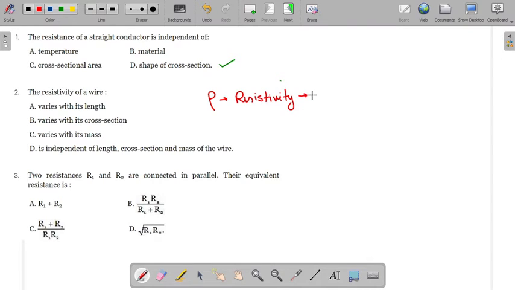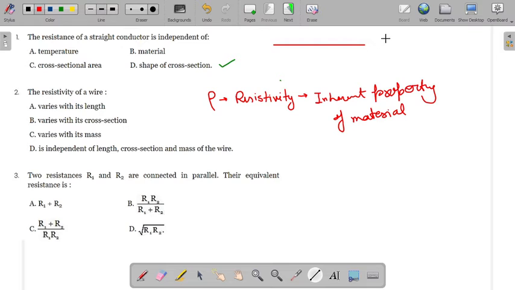is the inherent property of material. For example, if we have a straight wire made of copper, and another straight wire made of nickel, or suppose gold, and another wire made of silver, okay, so this is a copper wire, this is a silver wire, and this is a gold wire.